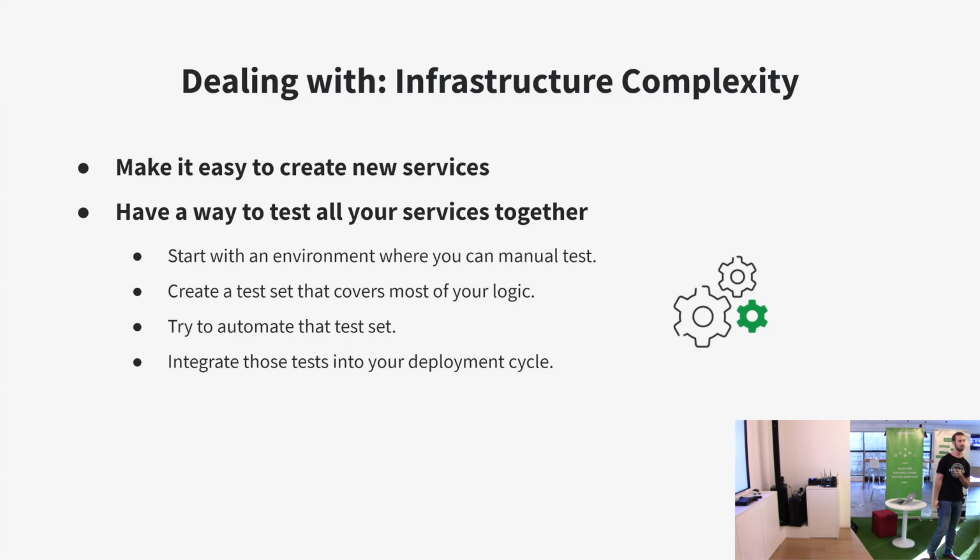Another thing that is really important is to be able to test as much as possible together. If we have solid contracts, we might be able to avoid this, but it's pretty easy to screw up. Since they are supposed to work together, missing some request somewhere or some message might screw up the whole flow between all the services and lead to unexpected results.